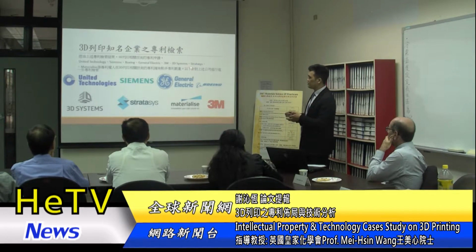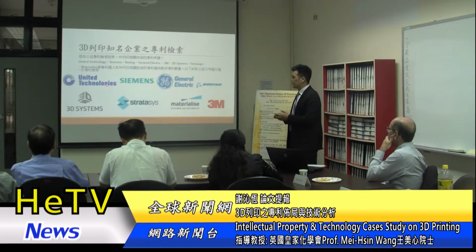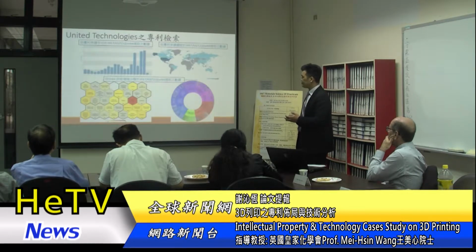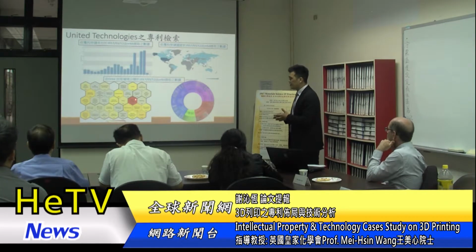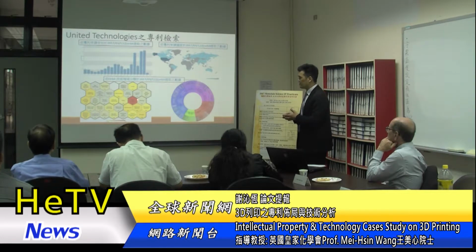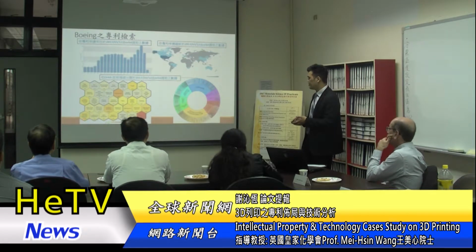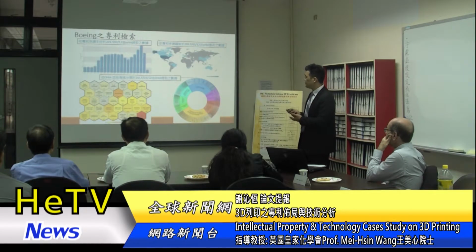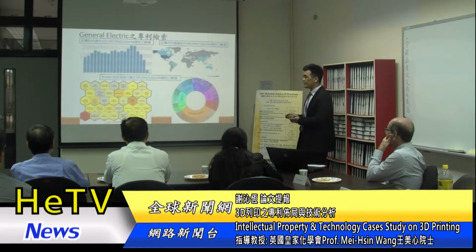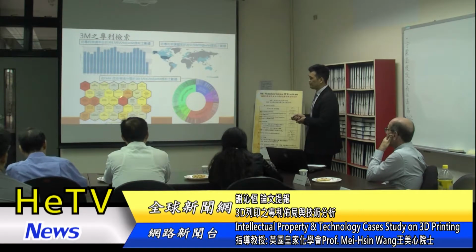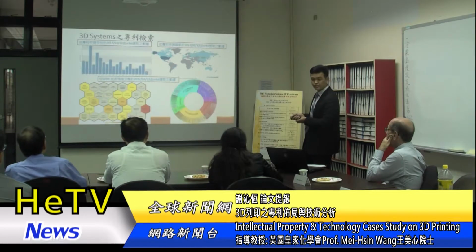Based on the results, I found the industries that apply mainly, so I will analyze these industries. United Technologies mainly applies in engines, pumps and turbines. For Siemens, it is electrical machinery. For Boeing, it is transport. For GE, electrical machinery and engines, pumps. For Philips, it is optical patents and basic chemistry patents.